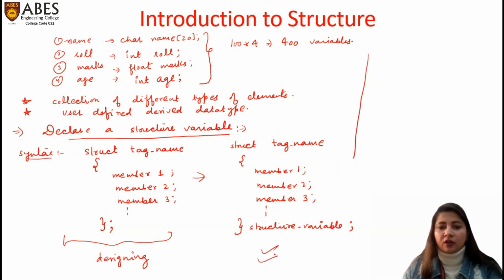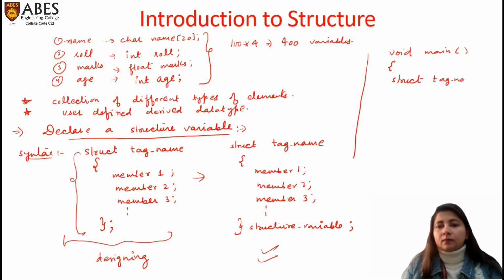So this is the format for declaring the structure variable outside the main function, and for declaring a structure variable inside the main function, we have to design the structure before the main function itself, and within the main function, after designing the structure, we can declare a structure variable as: first we write struct, then the tag name, along with a structure variable. So this would be the syntax for declaring a structure variable.